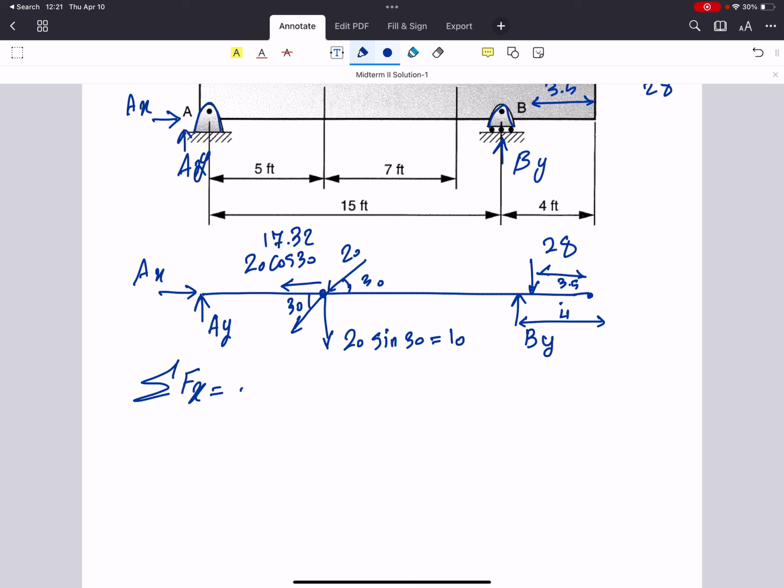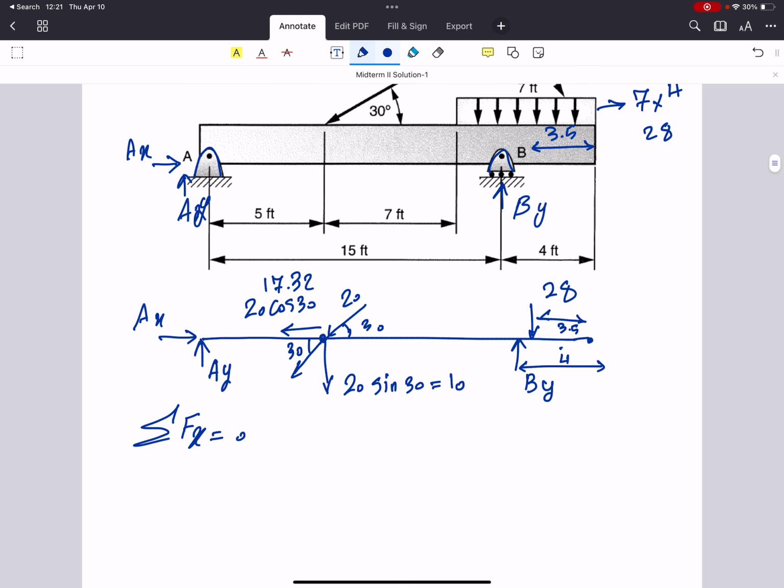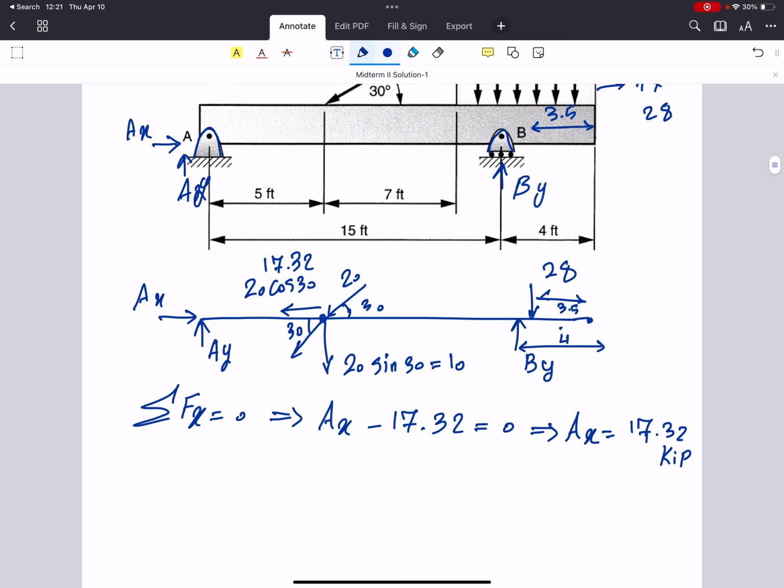In Fx, we have only two forces: AX going to the right, positive, and then this force, 17.32, going in the negative direction, equals 0. So my AX is 17.32. Okay, this is the first one.